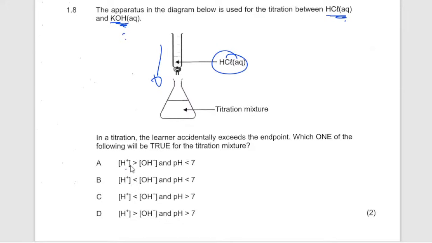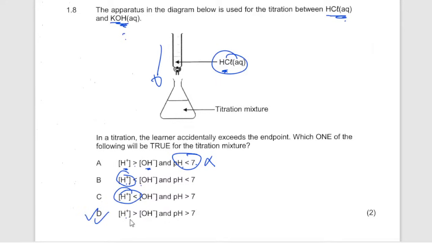So now the hydrogen ions will be greater than the potassium hydroxide ions. Then this one is wrong, and they're saying that hydrogen ions will be less, no, because we have more acid now. Then this one is also no. Then automatically this one becomes the most correct answer.